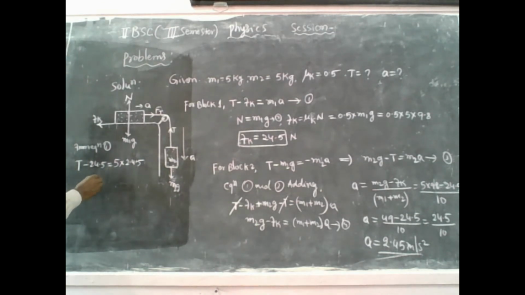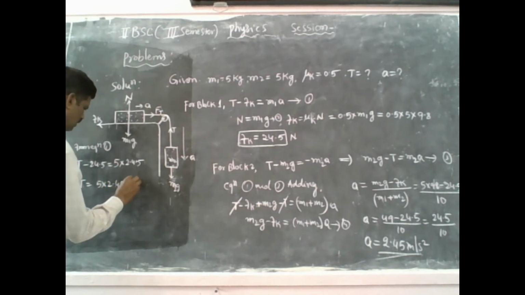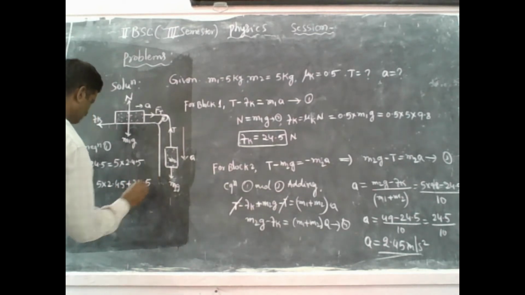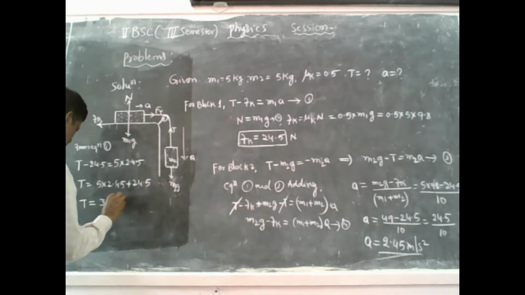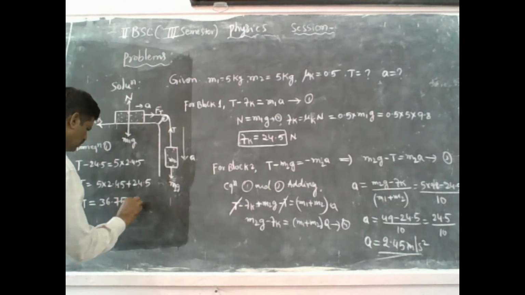So therefore T equals 5 into 2.45 plus 24.5. Therefore T equals 36.75 Newton.